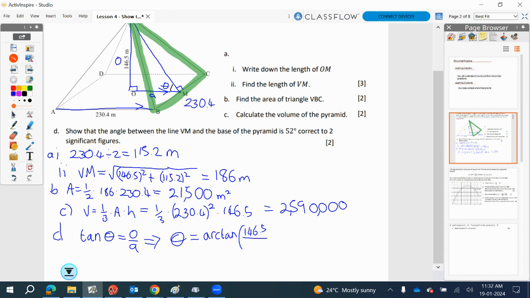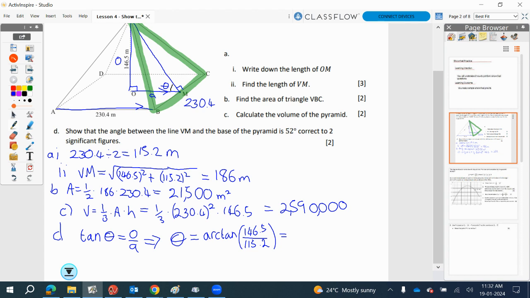You can write tan to the minus 1 on this course.